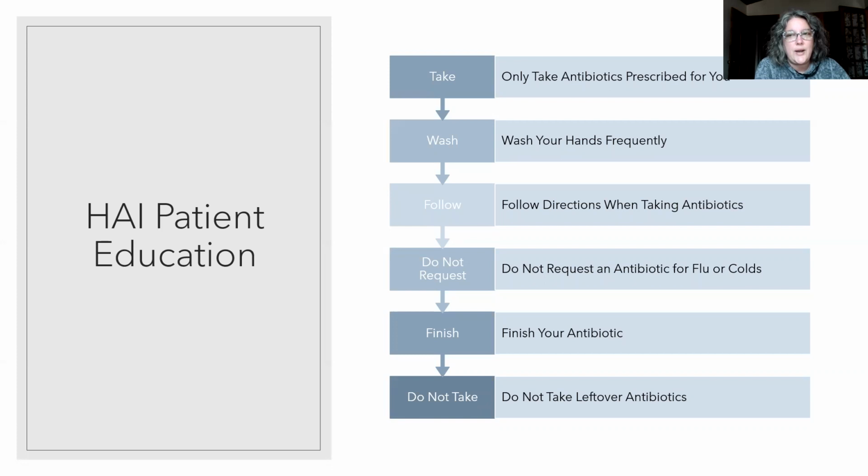So finishing your antibiotic: if we had known then what we know now, and people had finished their antibiotics according to prescription courses, VRE and MRSA wouldn't exist. Well, they probably would, but it would have taken a lot longer for them to get here.